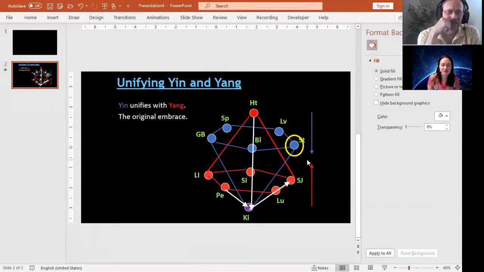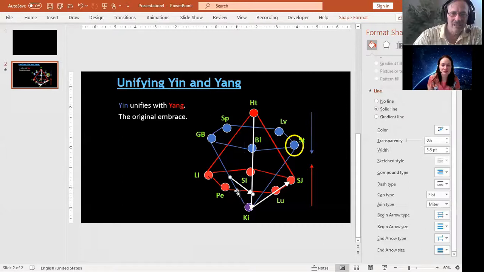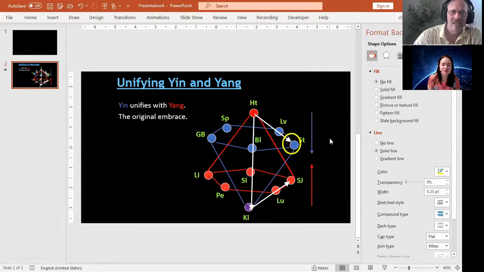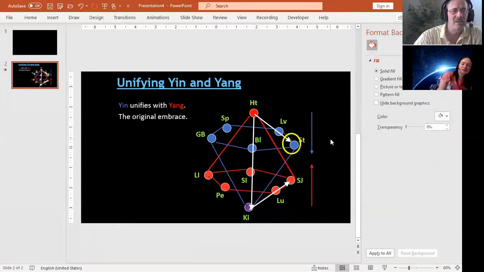Is it the heart? Because the heart on the spherical flow feeds into the stomach. It's like fire to earth, basic.